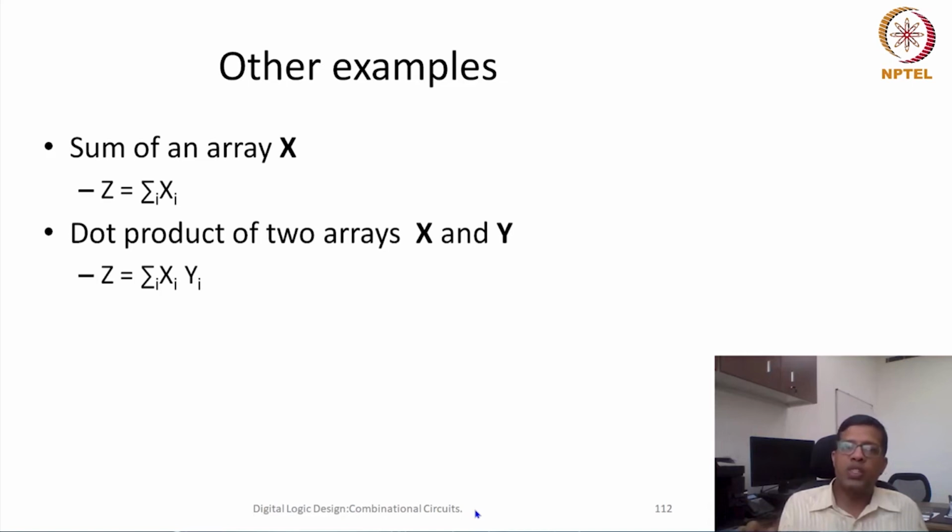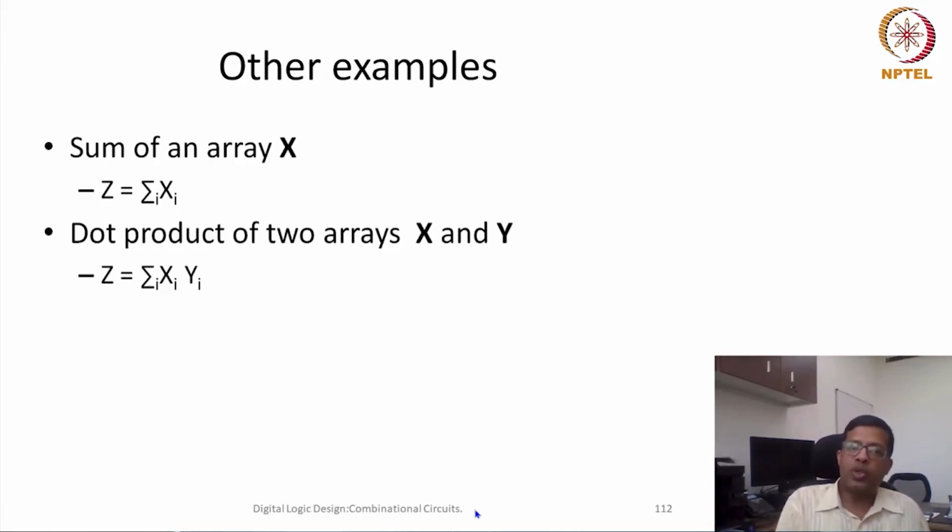This way, this could also be an iterative design and can be used effectively to find the sum of an array x. Similarly, if I want to know the dot product of two arrays x and y, I need to multiply each element of x with the corresponding element of y as well as add them.